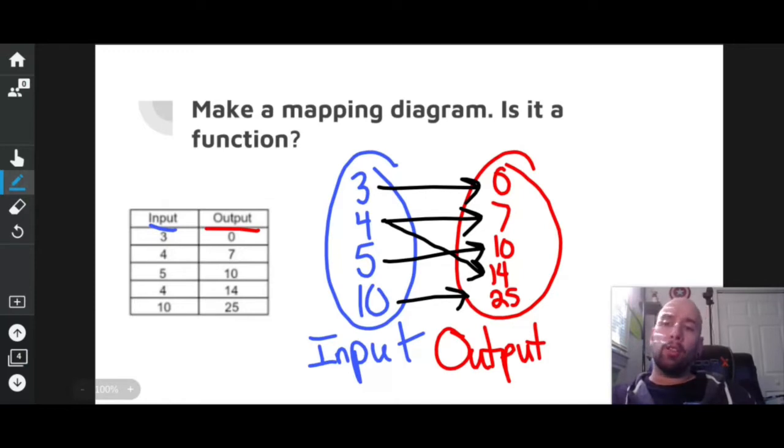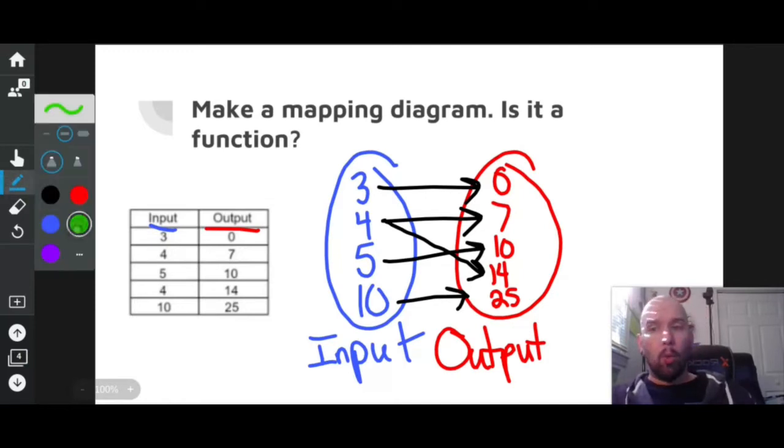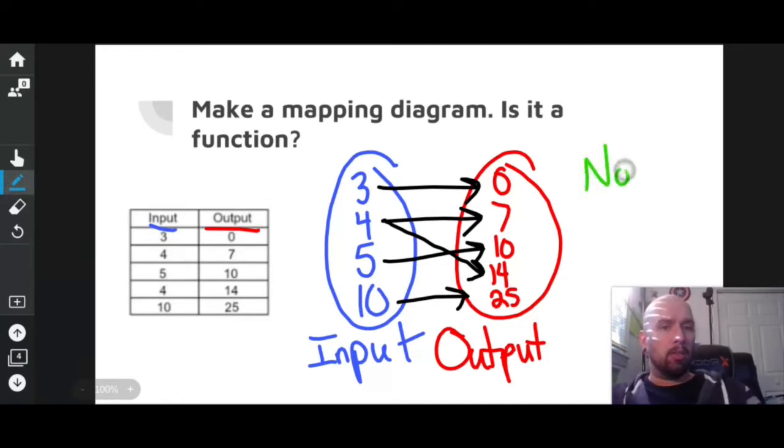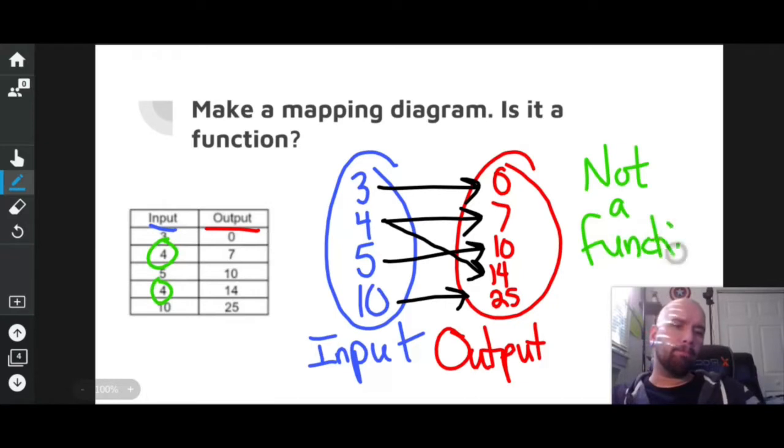Is this a function? No. Why? Because that 4 in the input, which is an x value, which is a domain, is used twice. 4 is used 2 times, which means it's not a function. Again, I don't care how many times an output is used. I only care how many times an input is used.